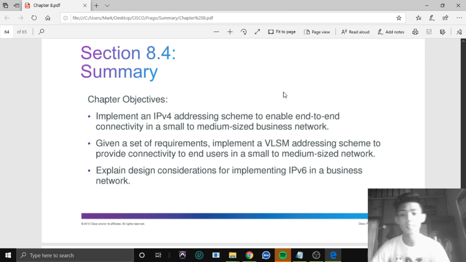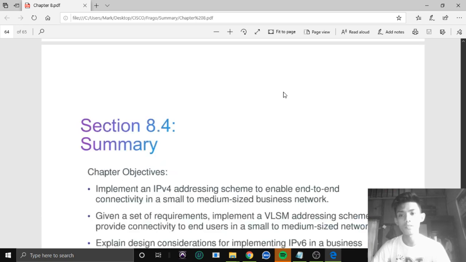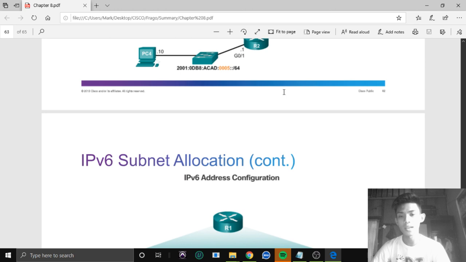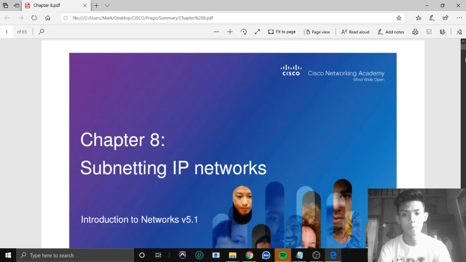And explain design considerations for implementing IPv6 in a business network. So that's all for this summary of our chapter 8, entitled Subnetting IP Networks.